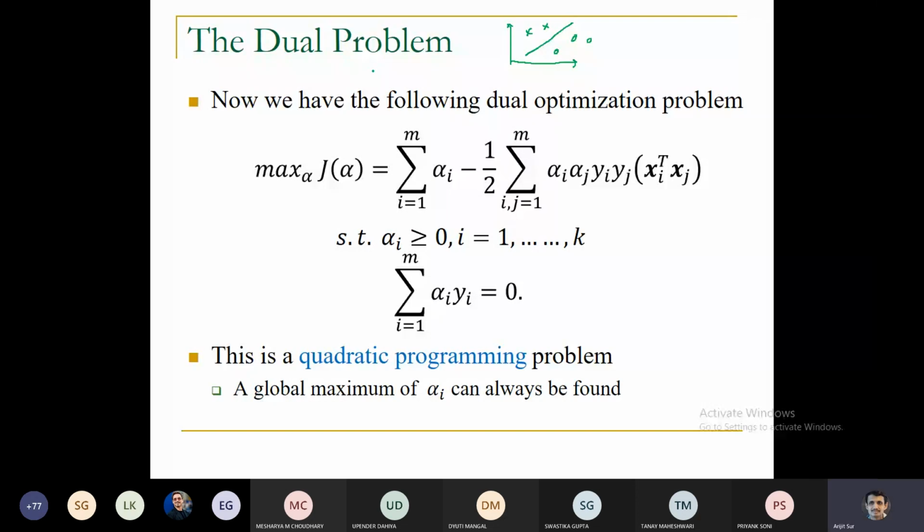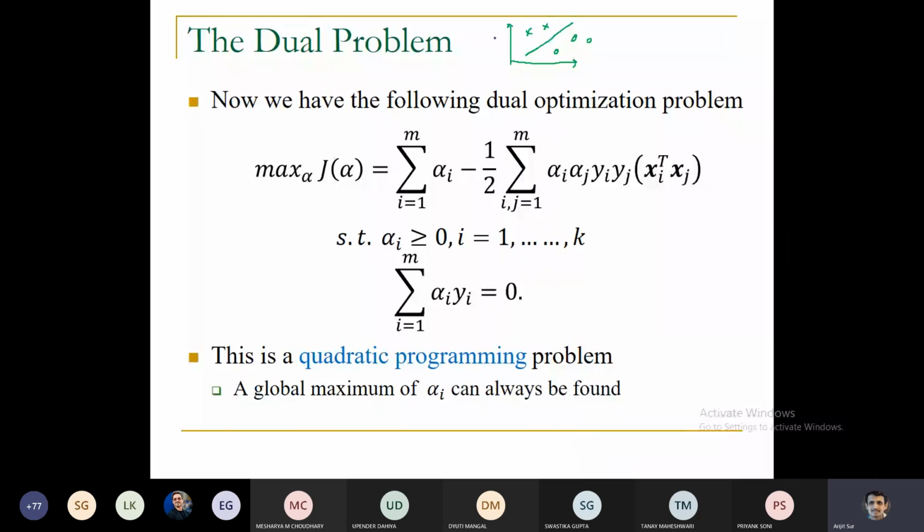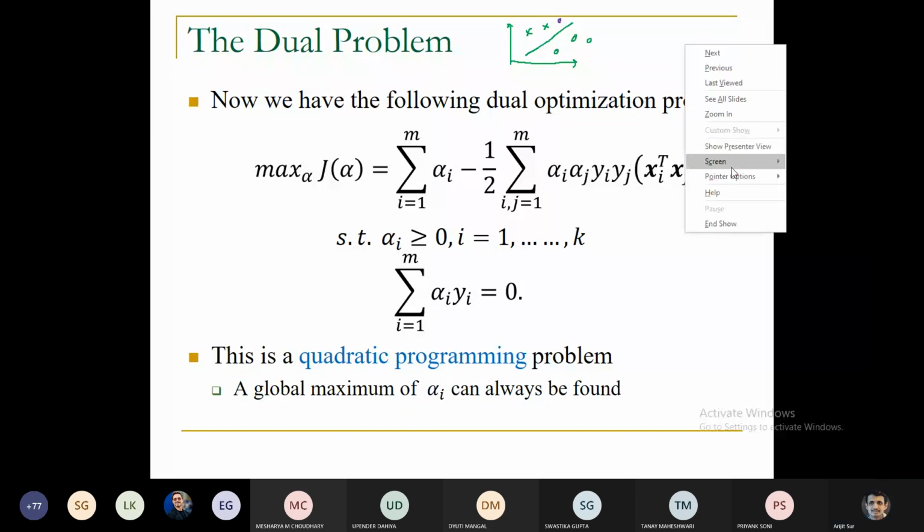Now, if you understand this, this is fine, but there is a point here. How do you tackle this kind of outliers in this kind of SVM problem?